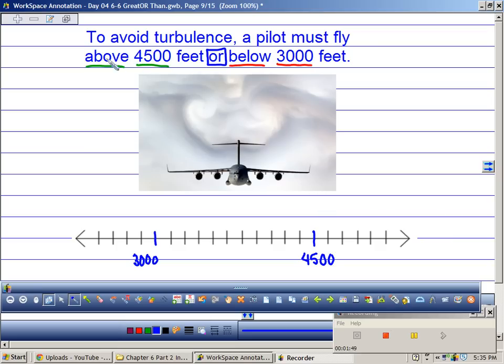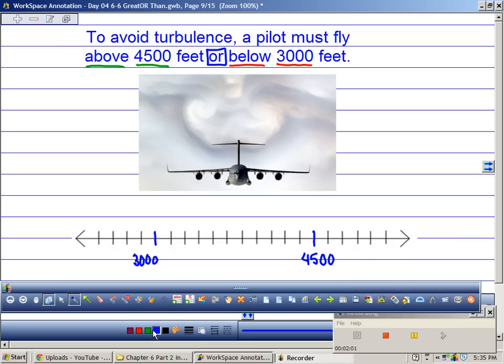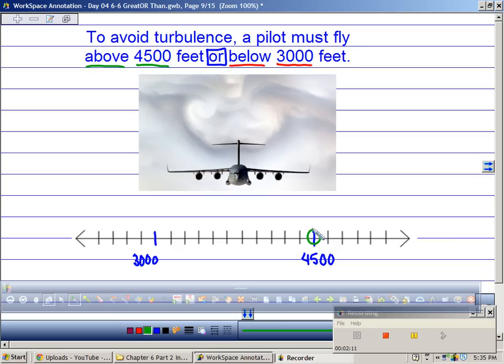Okay, so how could I plot above 4,500 on this line graph? Well, first of all, we'd have to draw a circle stating that that's where we're looking at, and above would be in the positive direction.